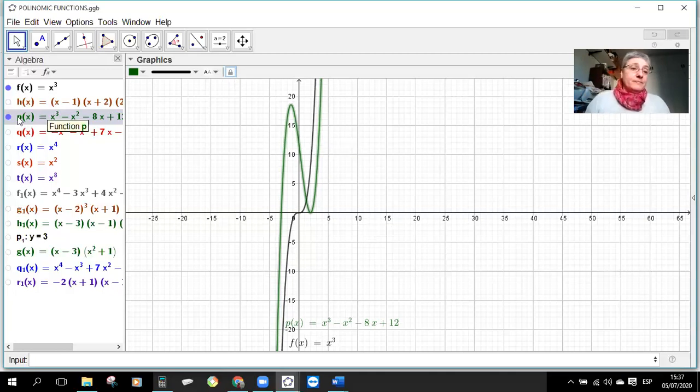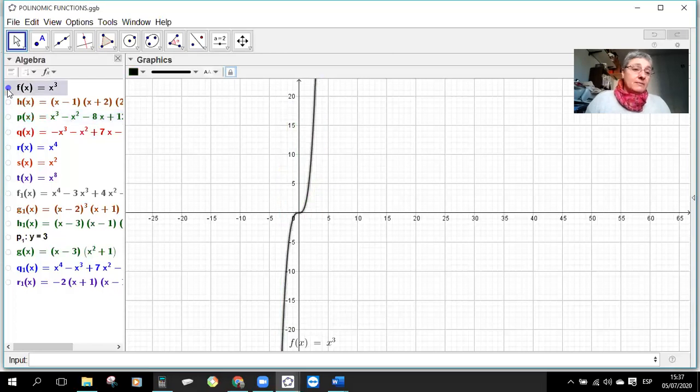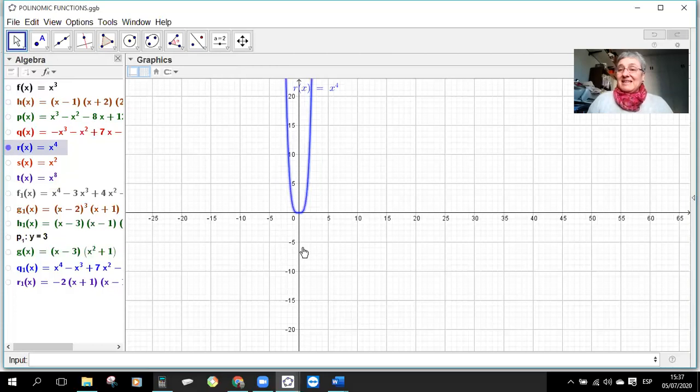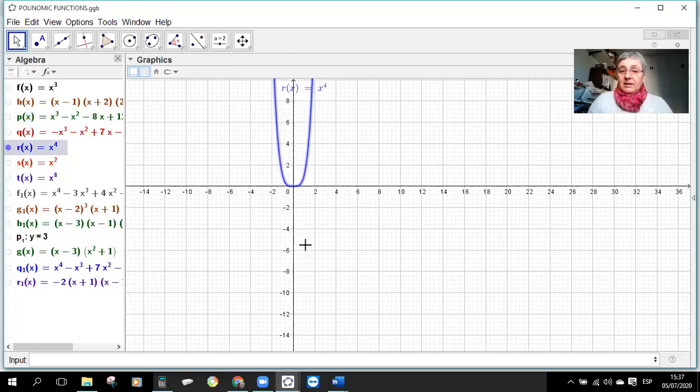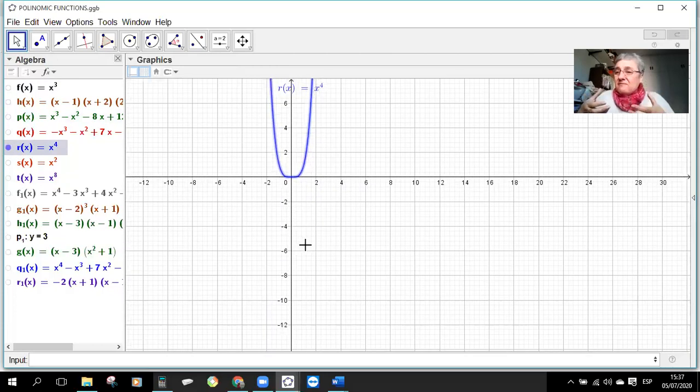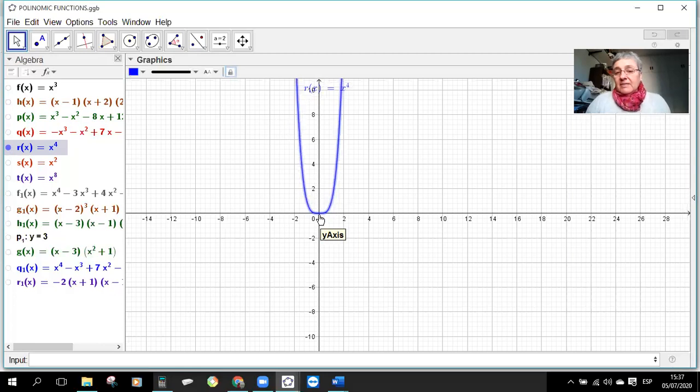But there are more. We also have the quartic function, which is this one. It's like a parabola, but it's kind of a heavy parabola, you see? And you can identify here that there is only one x-intersection, only one solution, only one root, because it's like a flat tire.